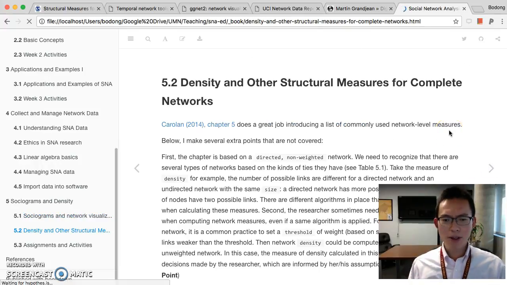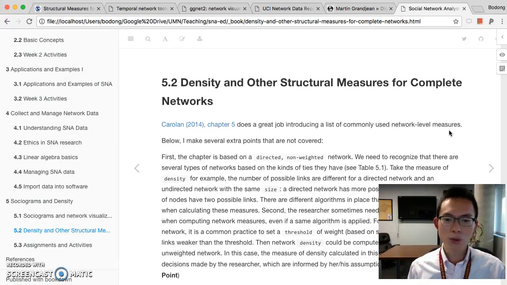And the next part, the second part of this week, is playing with the more mathematical side of social network analysis, and we're going to start from network level measures. Basically, those measures that can be used to describe a whole network.